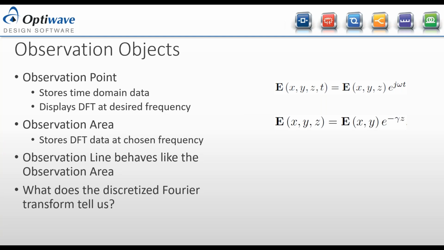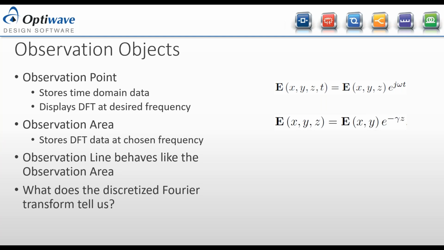You can also calculate the discretized Fourier transform at a desired frequency from that time domain data. You could put this point, for example, on another side of some scattering object to see how much field amplitude it detects at that point, right? And that makes sense.